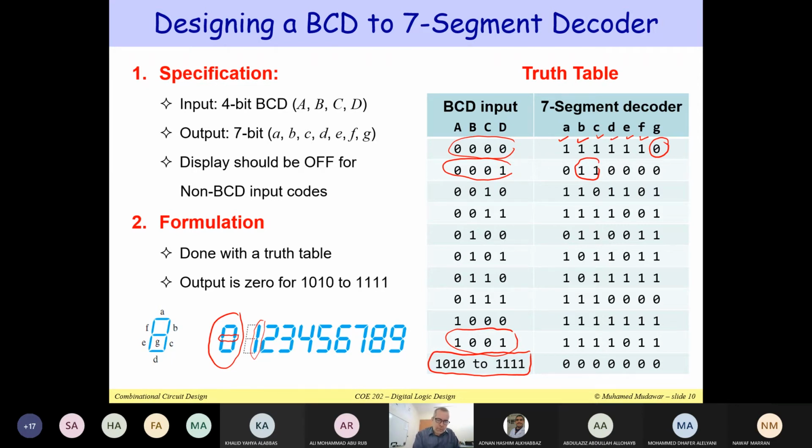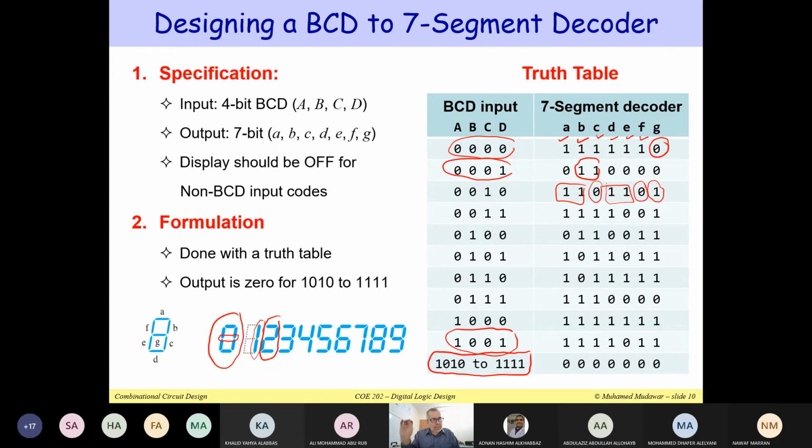If the input is 2, notice which segments here should be turned on. So A, B should be 1, C should be 0. And then we have D, E should be 1, F should be 0, and G should be equal to 1. So you see that these are the segments that should be turned on for 2, and so on.